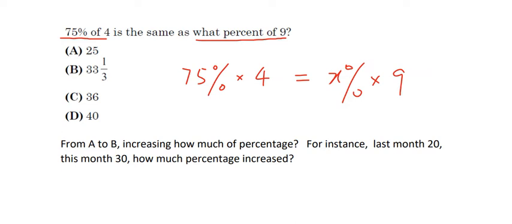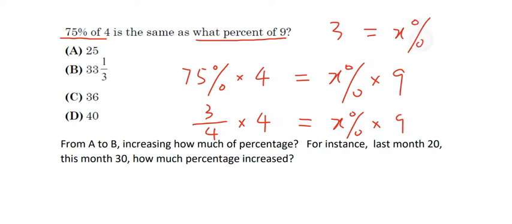Okay, so 75%, we know this 75 is a typical number. 75%, we know this is just 3 over 4, equal to x percent of 9. So this equals 3, so 3 equals x percent of 9.